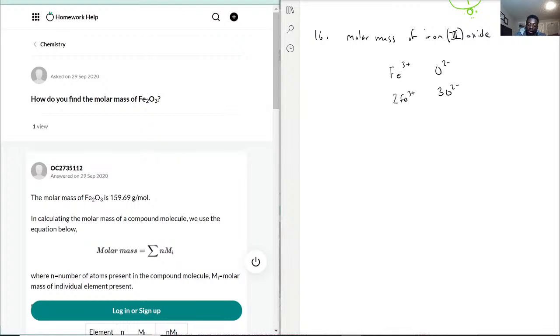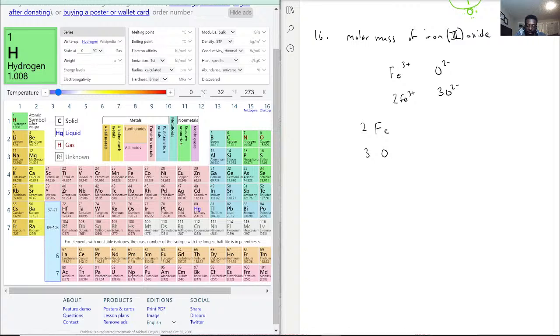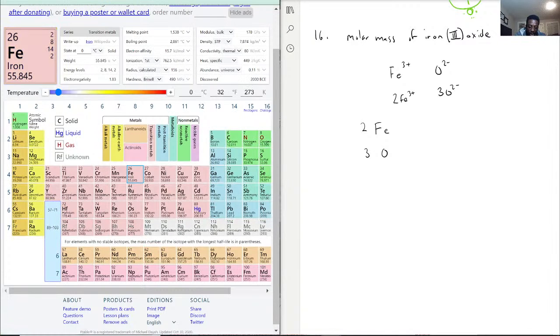Same concept here that we've been doing. Write down the constituents and how many we have of each: 2 Fe, 3 O. We refer to our handy periodic table, and now we find the atomic mass, or just the molar mass, of 1 iron, so 55.845, and oxygen was 15.999.